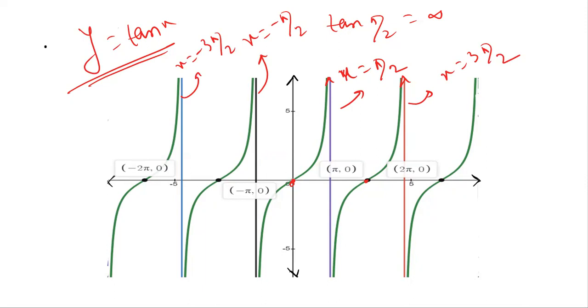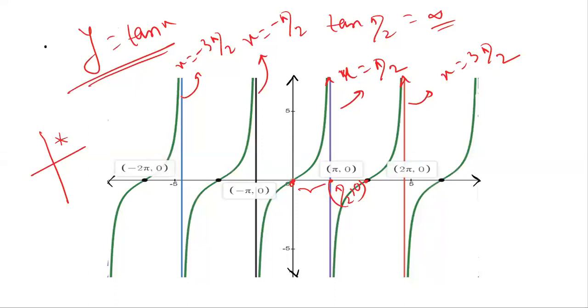Because if you see in the first quadrant, tan is positive. So from 0 to pi by 2, and at pi by 2 it will become infinity. It will not touch the pi by 2 line.